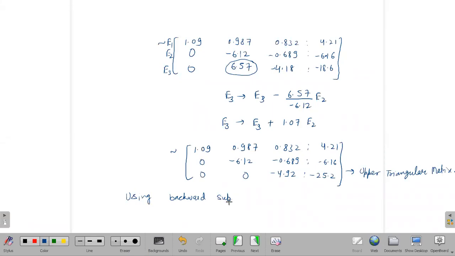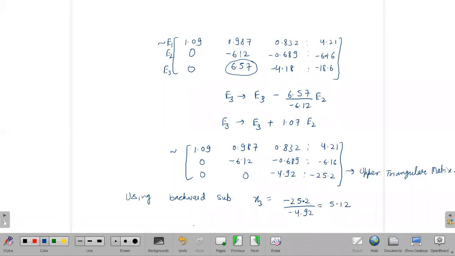Using backward substitution, you will get x3 as minus 25.2 divided by minus 4.92. It is approximately 5.12 positive.